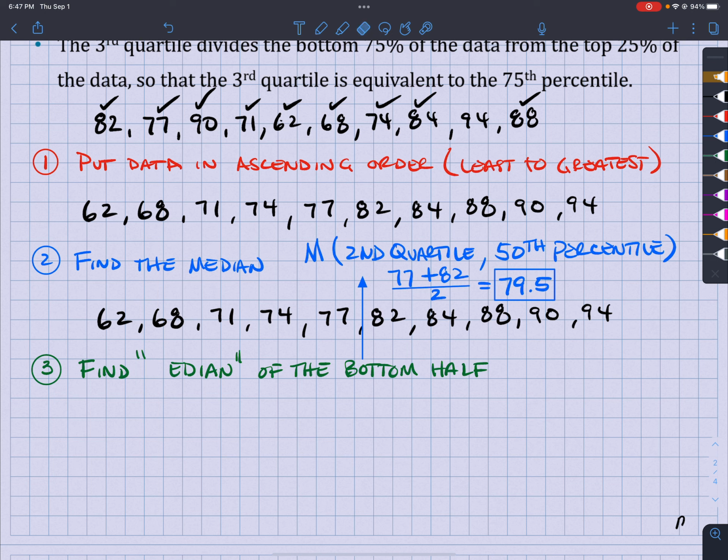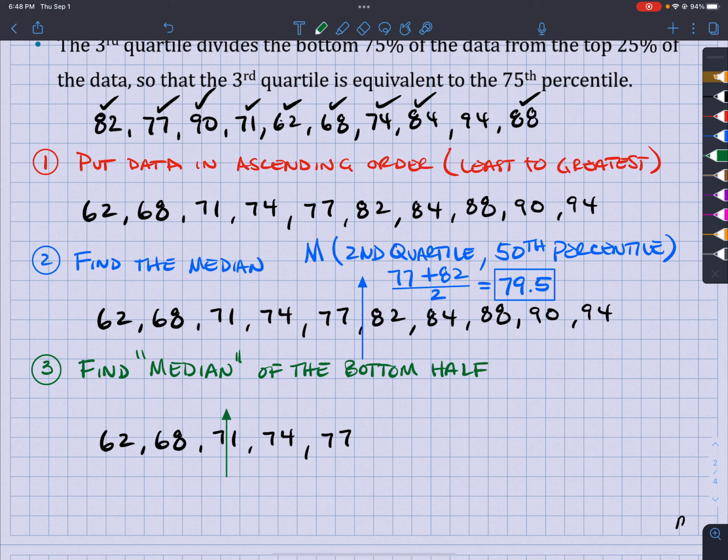The median of the bottom half. So I'm just looking at the bottom half. There's my bottom half right there, right? So I'm looking for the median of that.